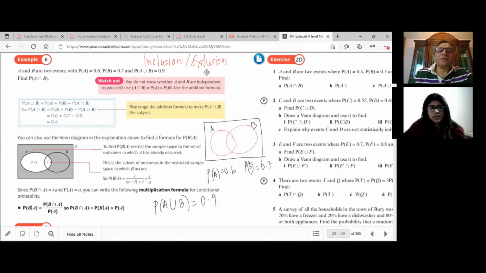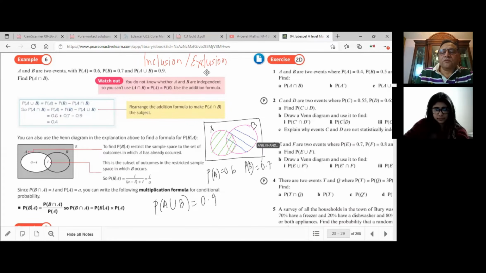You get 1.3. So why is it so? It is so because when you had probability of A, you're counting everything which is being shown here. And when you count probability of B, you are counting everything which is being shown with these blue lines.